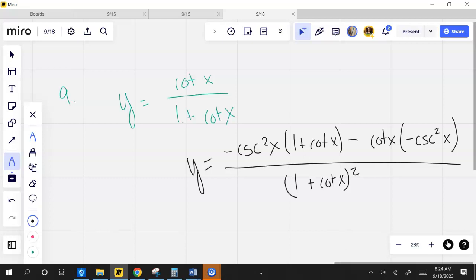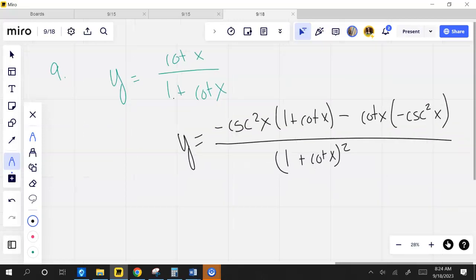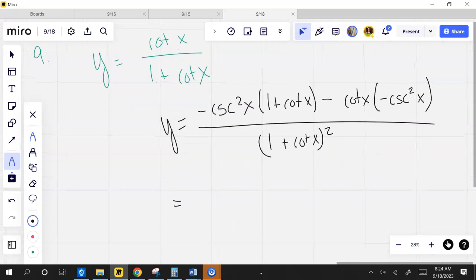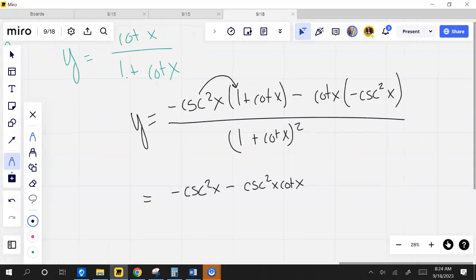Now here's where I'm going to have to work with it just a bit. The bottom's already in fully factored form. I can leave that. But up top, some things are going to happen. As I come here and I distribute, minus cosecant squared x cotangent x. And I'm going to show you what we're going to do with it in just a second. This is going to be plus. Oh, I might not even have to do anything. Oh, y'all got lucky.